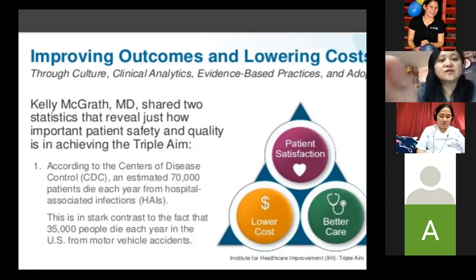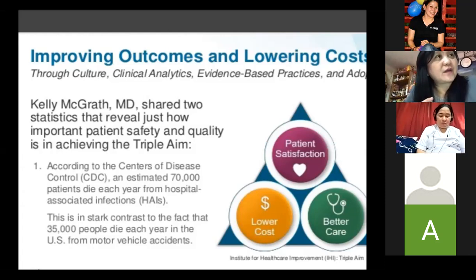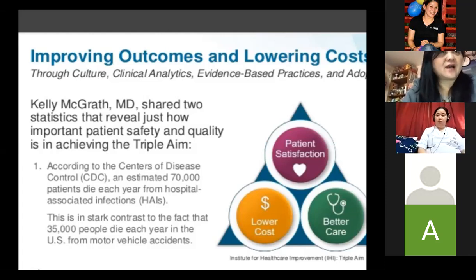So there is also what we call patient satisfaction, because we give the best care that we have, and it lowers our costs because we also help with their expenses. And if we render the best care, the patients are happy with us. The better care that we give is not only about your skills, but about being compassionate.